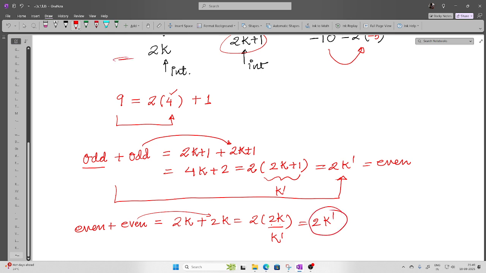Therefore even plus even is even. And there are so many things you can do with it. You can prove many things like odd times odd will be odd, even times odd will be even, even times even will be even, even minus even is even, odd minus odd is again even. So there are so many things you can prove.